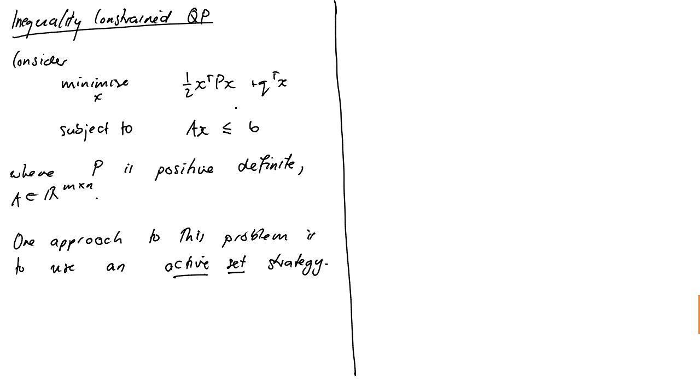Okay, so we'll have a few a_i x equals b_i. A few equality constraints corresponding to the active inequalities. And we have to find out which set of inequalities is active at the optimum.